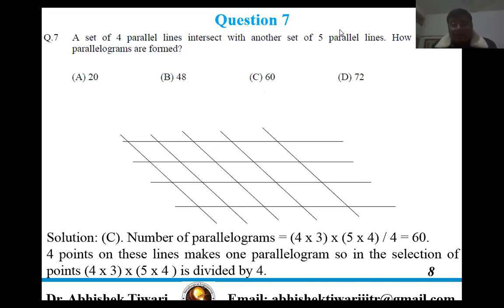And out of these five lines, the first line can be selected in five ways, and the next line in four ways. These are the number of ways by which we can select the lines, divided by 4 because 4 lines make one parallelogram. So the answer will be equal to 60. So the correct answer is C.